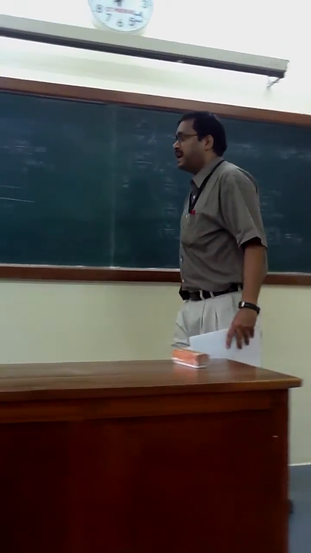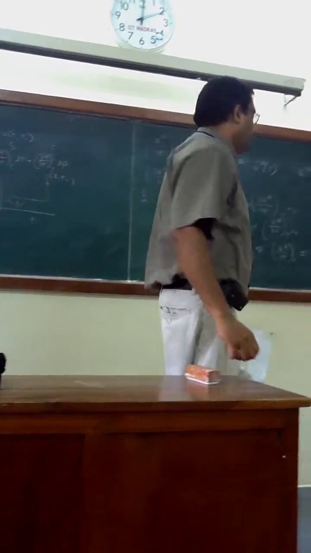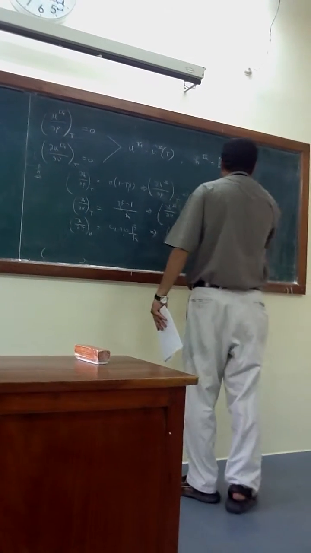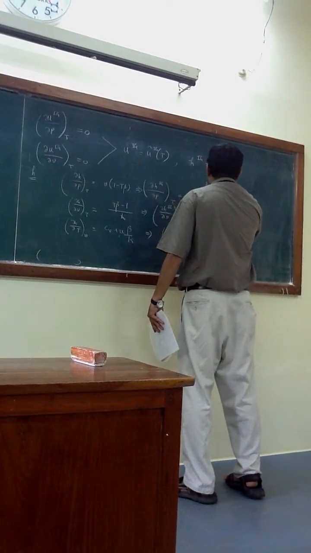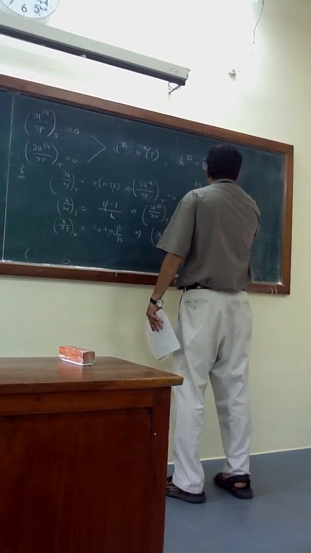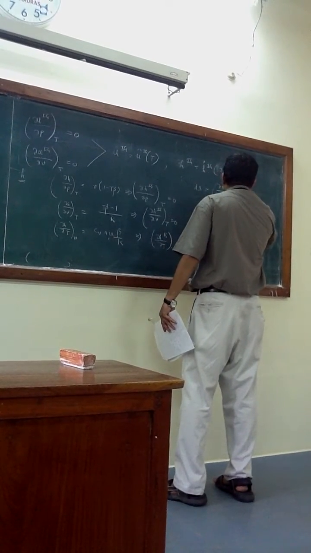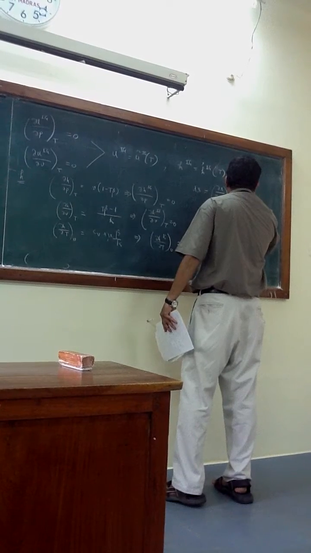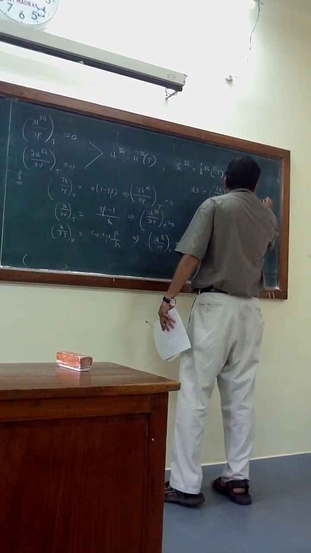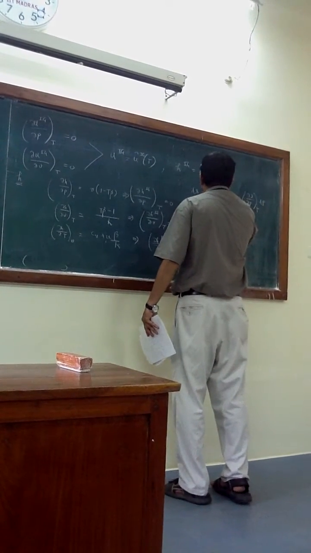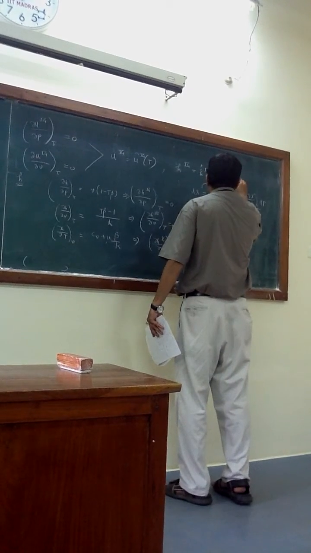Next we will take S, entropy. We can write dS equals dou S by dou T at P dT plus dou S by dou P at T dP if S equals S(T, P).